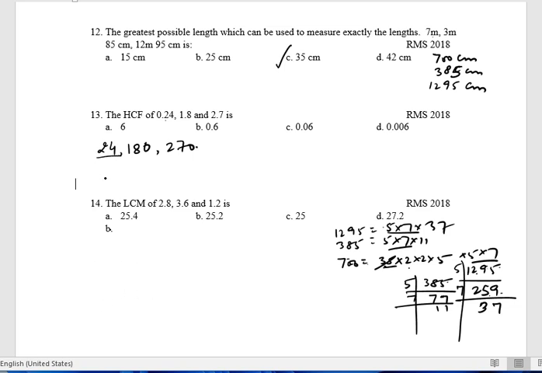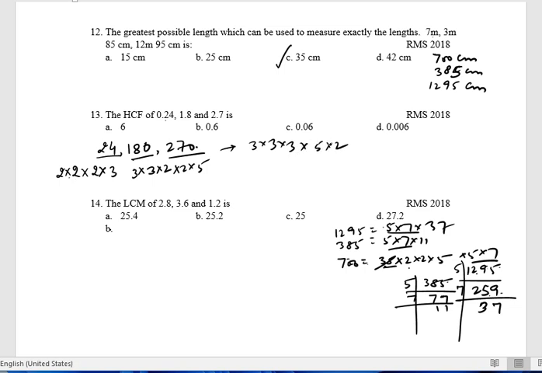We can write 24 as what? 2 into 2 into 6, so 8 3s are 24. How can we write 180? 3 into 3, 9 into 2 is 18, into 2 into 5. How can we write 270? 3 into 3 into 3 into 5 into 2.